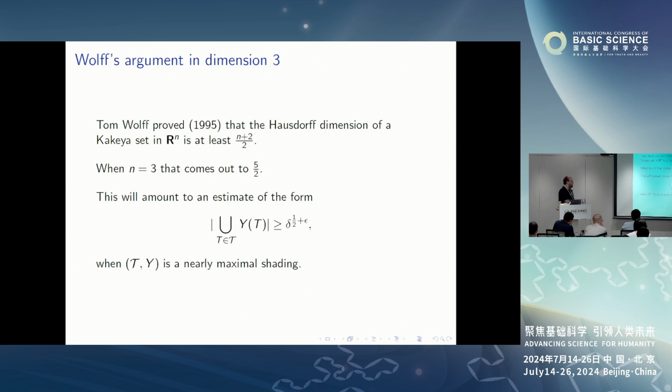I have some nearly maximal shading of a set of tubes in R^3, and I'd like to know that it is always the case that the measure of the union of the shadings is at least delta to the 1/2 plus epsilon. And the way you should think about this is that the epsilon is whatever I threw away when I said nearly maximal shading, or something that just depends on what I threw away. And that the 1/2 corresponds to dimension 5/2.